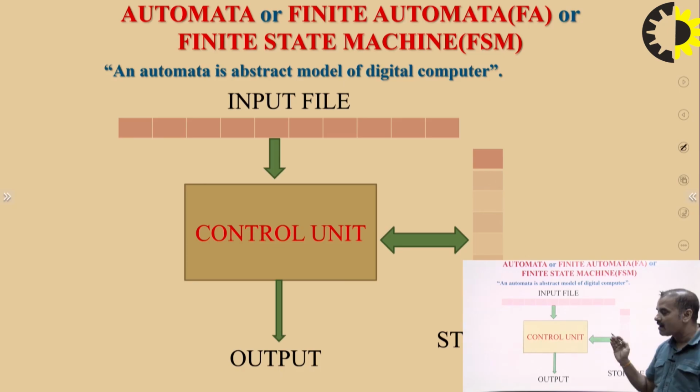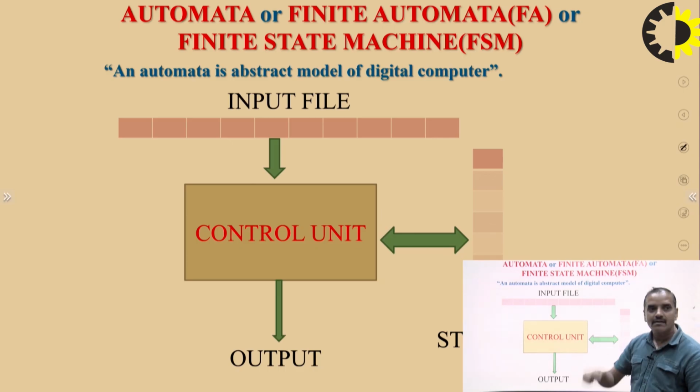Why is it bidirectional? Everyone knows. Bidirectional means we give information to the storage, and after performing some operation, we revert back to the control unit. The control unit generates the output. This is the hardware diagram of the given automata.